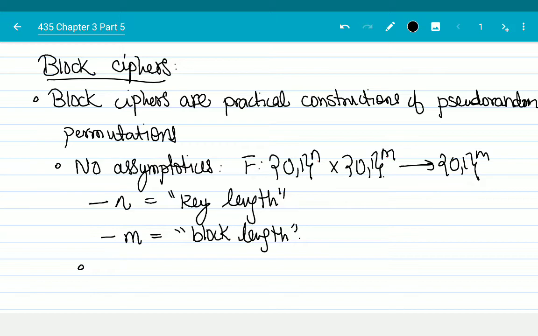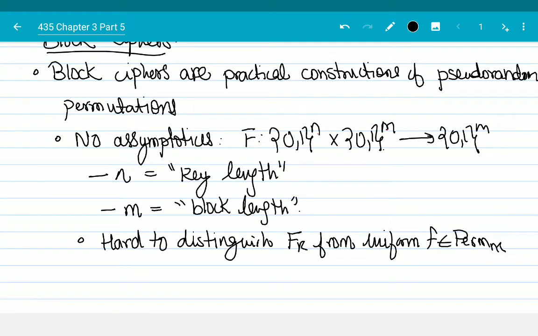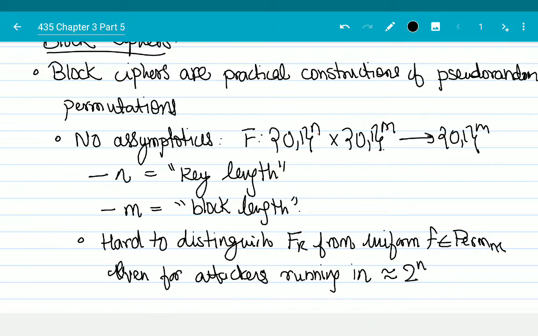Okay, so the idea for these ciphers is, again, that F_k is hard to distinguish from a uniform f, which is a permutation, even for attackers running in exponential time.